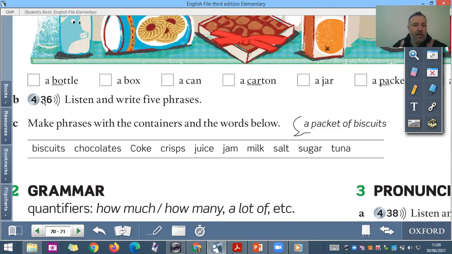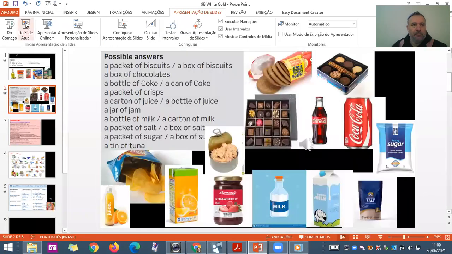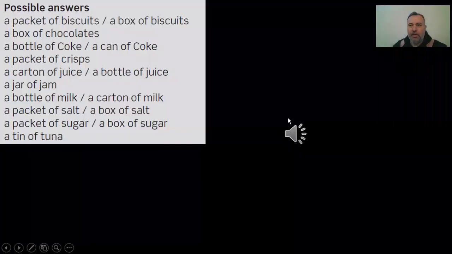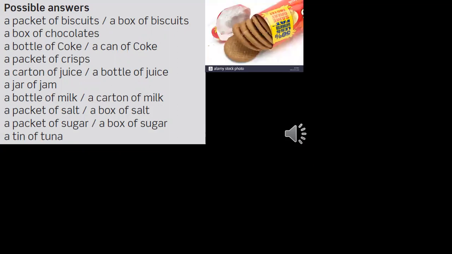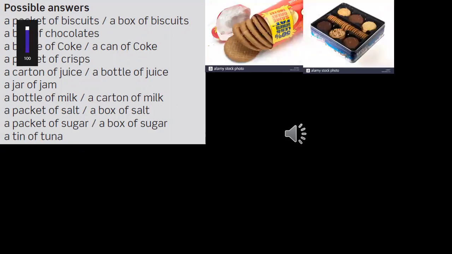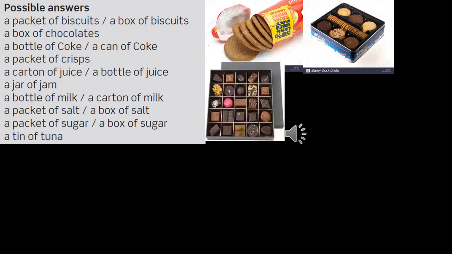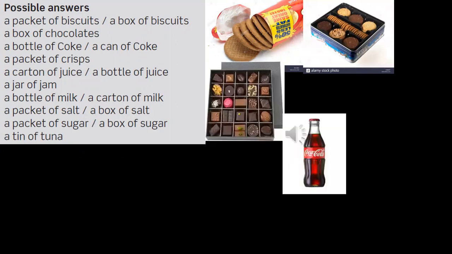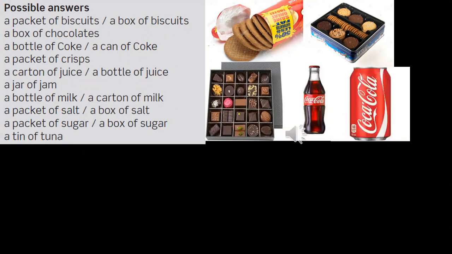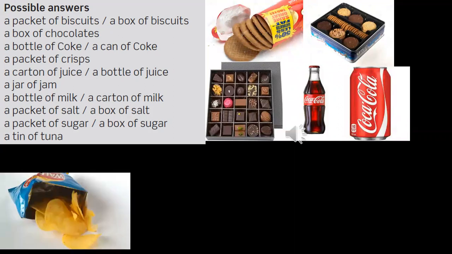Now that you've done it, we're going to check it out again. A packet of biscuits. A box of biscuits. A box of chocolates. A bottle of Coke. A can of Coke. A packet of crisps.